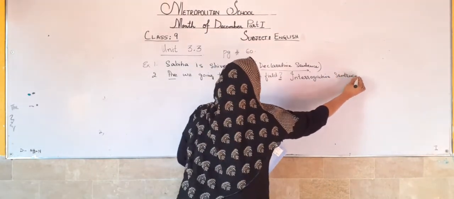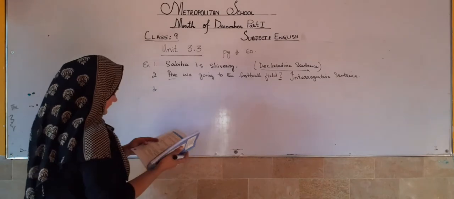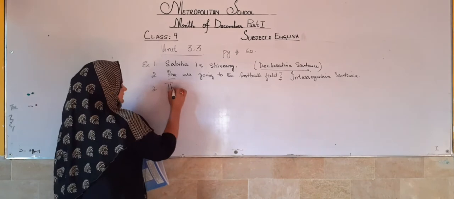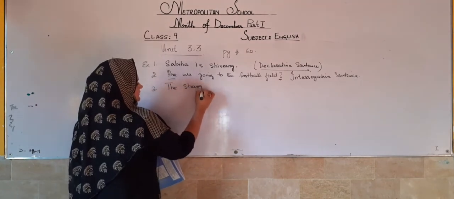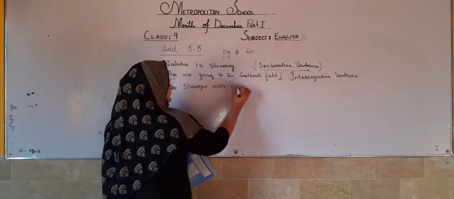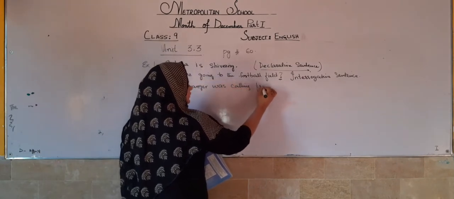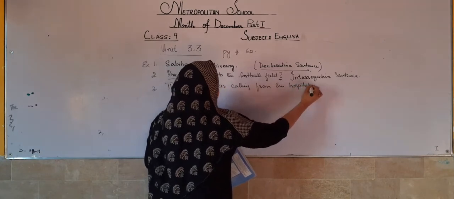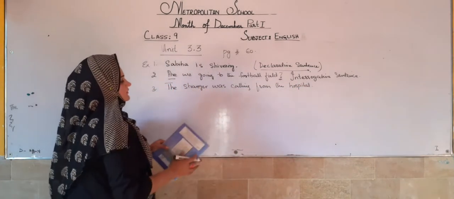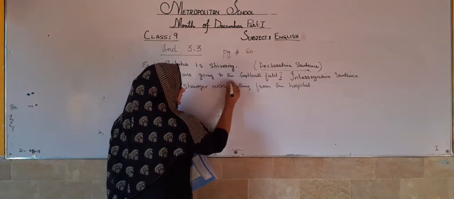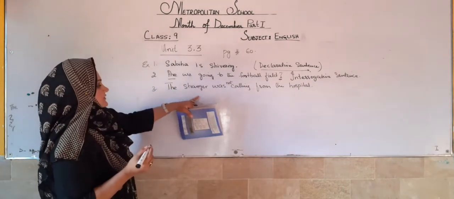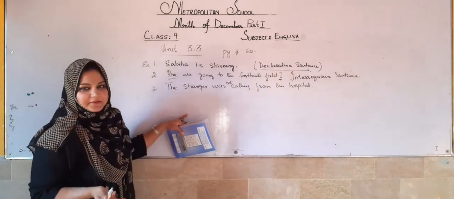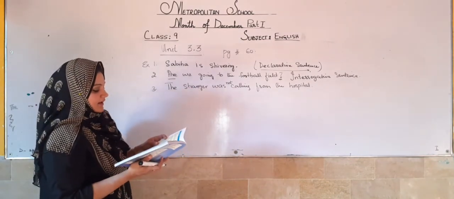Same as in number 3. The stranger was not calling from the hospital. Which type of sentence is this? I am going to add not here. The stranger was not calling from the hospital. This is a general statement, but this is in negative form.